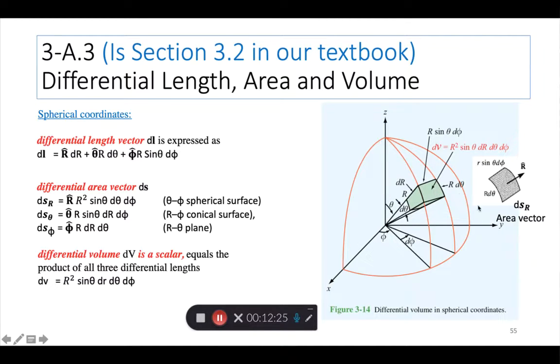So for example, the area here, and I've tried to show you this also with a picture from another book, but this area is, in that other book they use the small r, which is a little confusing. I should have changed that. But anyway, DSR, right, in this direction. Now remember, R is measured like this, right, towards the outside of the soccer ball, as I've already shown you.